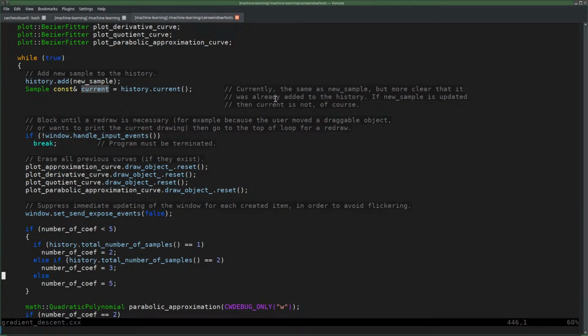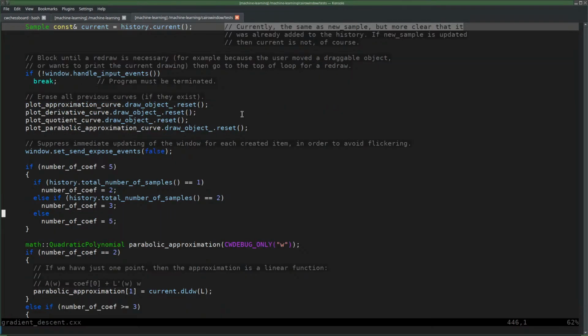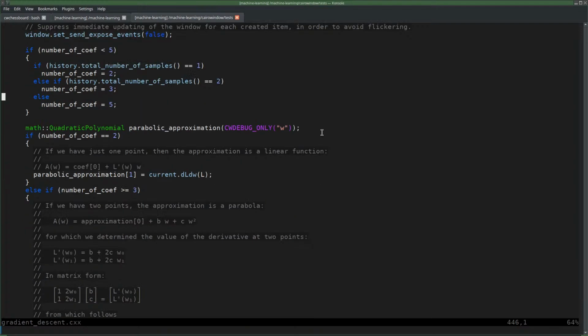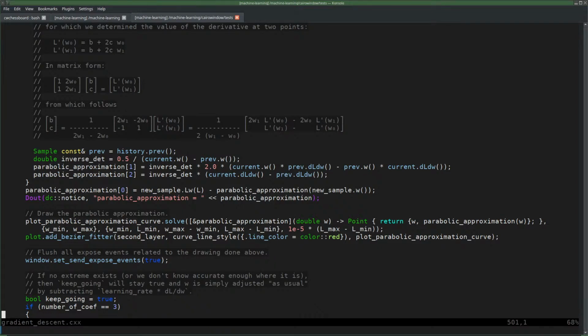So current is the same as a new sample at this point. I'm going to use current here.